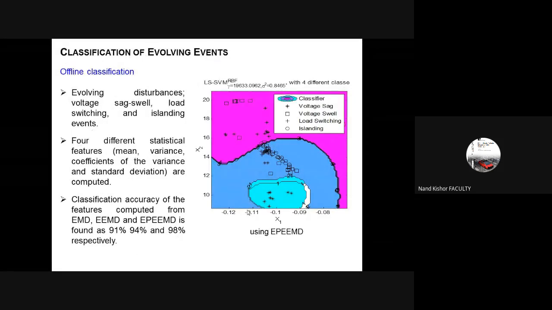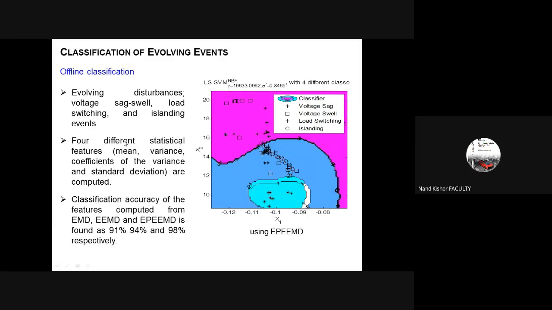Then we had some study because once we had the detection, we wanted to classify them. On this slide, we had the classification of these evolving events, performed offline. Using least square support vector machines, we had some evolving disturbances, which included sag, swell, load switching, and island events, right?